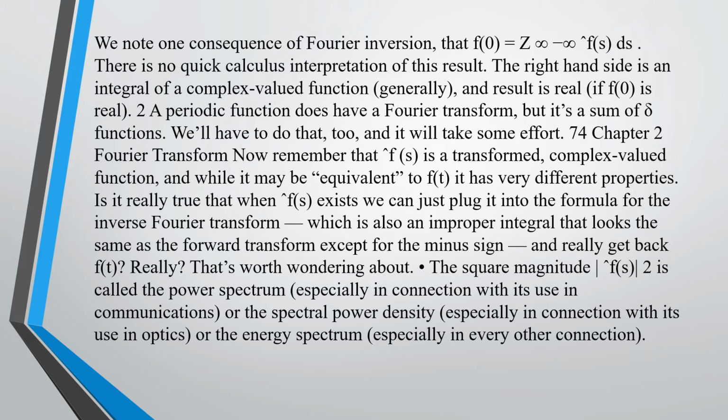The squared magnitude, modulus of F(s) squared, is called the power spectrum, especially in connection with its use in communications, or the spectral power density, especially in connection with its use in optics, or the energy spectrum, especially in every other connection.